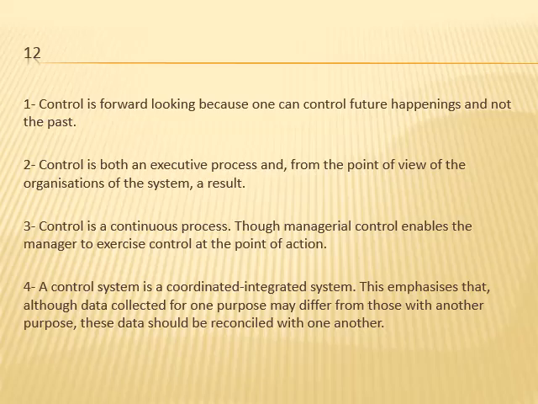It emphasizes that there is a plan which directs the behavior and activity in the organization. Control measures this behavior and activities and suggests measures to remove deviation, if any.